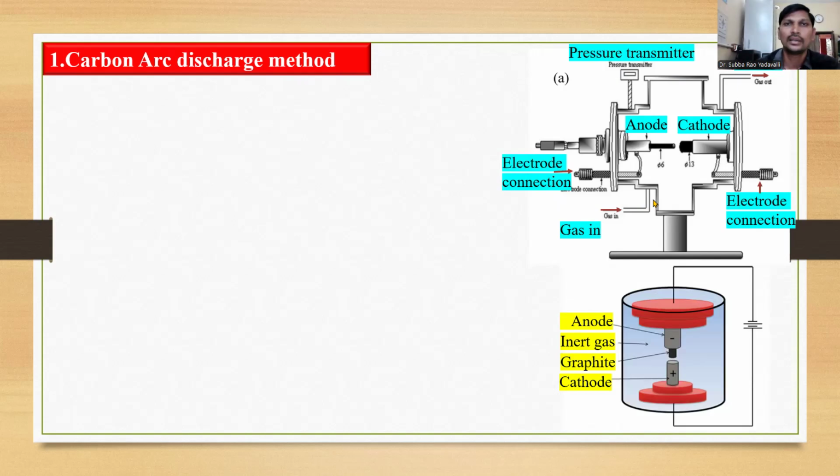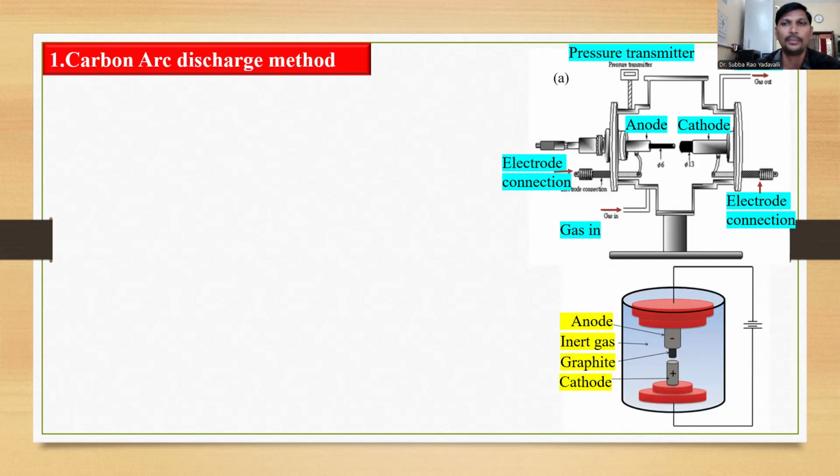In this, two graphite electrodes are placed, one connected to the anode and another connected to the cathode. By passing high voltage, that means a high intensity of electric current, through the anode and cathode, the graphite electrode at the anode gets discharged.